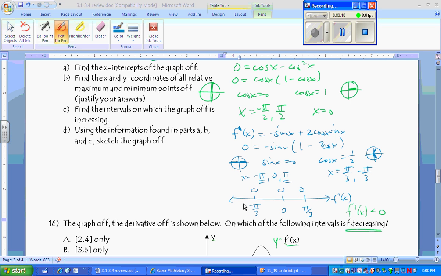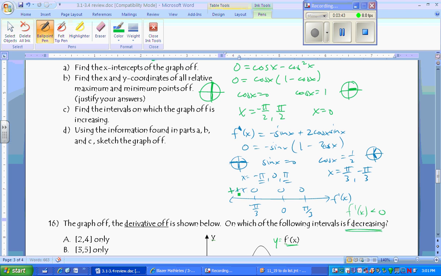Okay, so if we put in a value less than negative pi over 3, like negative pi over 2, sine of negative pi over 2 would be negative 1 times negative. That makes this positive. And then 2 times cosine of negative pi over 2, well, cosine of negative pi over 2 is 0, so this would just be positive 1. So these are positive. Put in a number between 0 and negative pi over 3, like negative pi over 6.